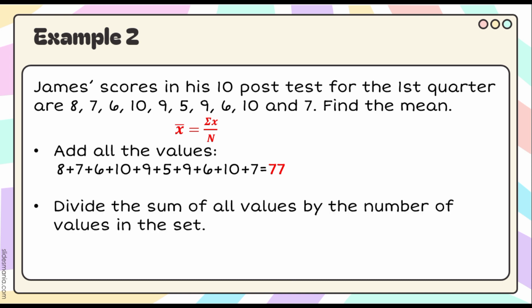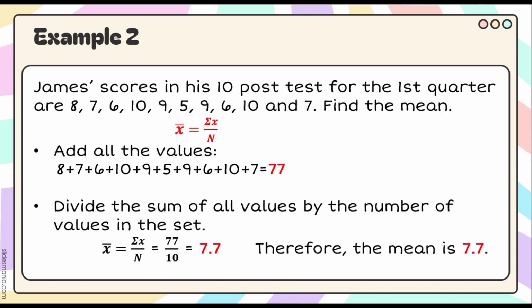Second step, we divide the sum of all values by the number of values in the set. What is our n here? We have 10 because there are 10 scores in the set. Let's count: 8, 7, 6, 10, 9, 5, 9, 6, 10, and 7.